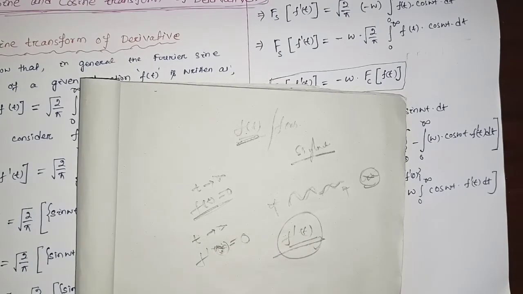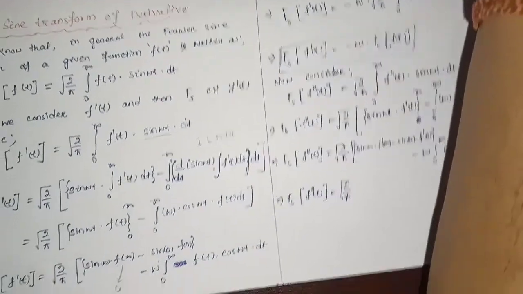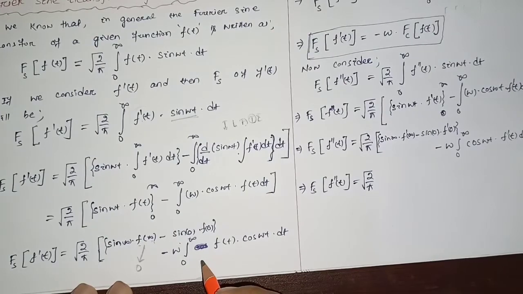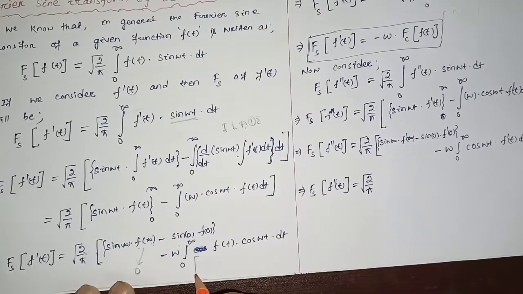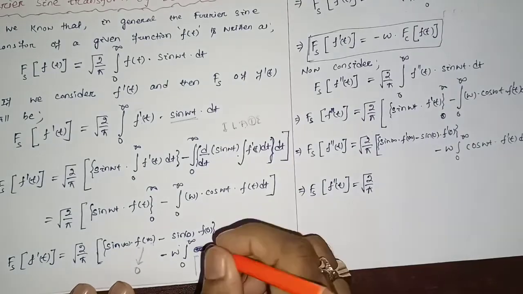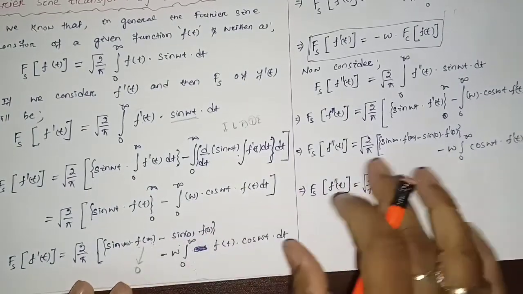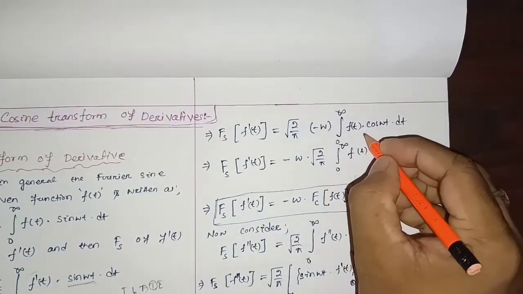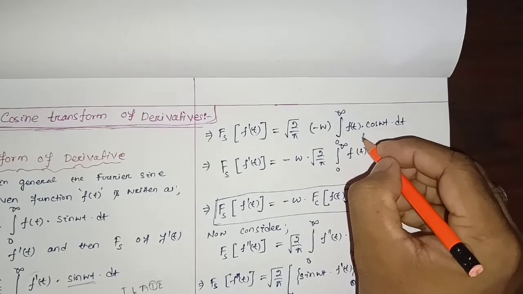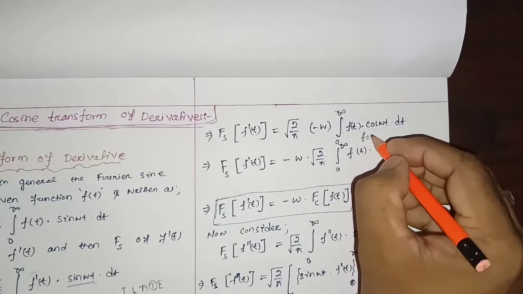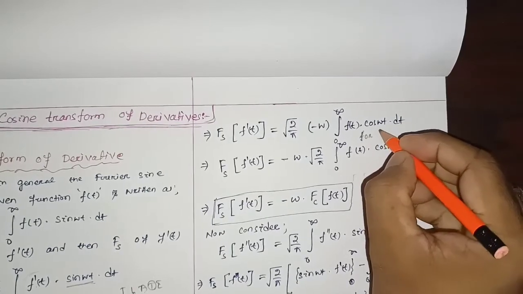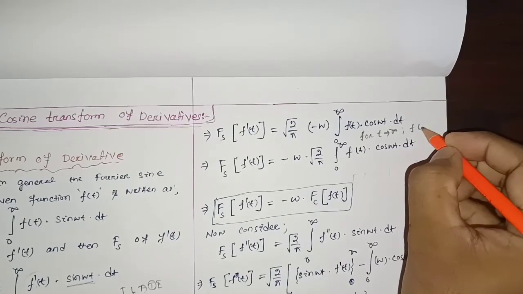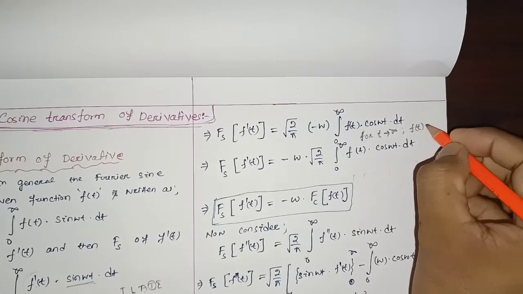also equal to 0. Okay, so you just write over here, this value we have considered as 0. After this line you just write, for t tends to infinity, f(t) will be equal to 0.